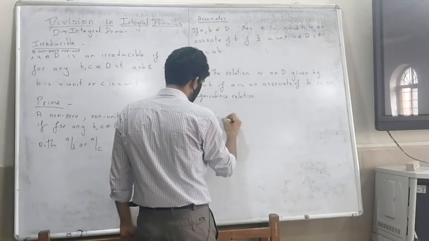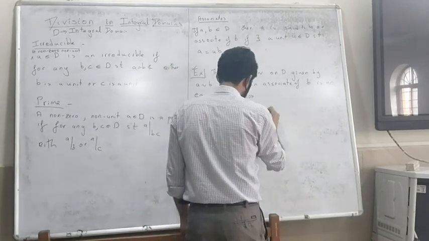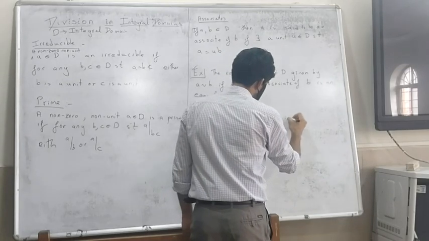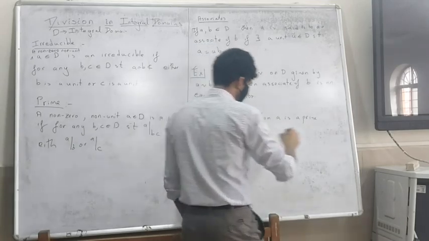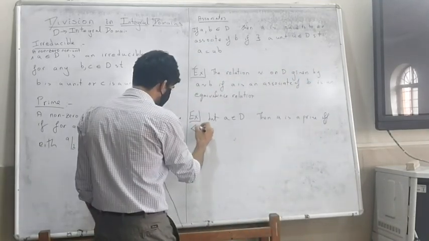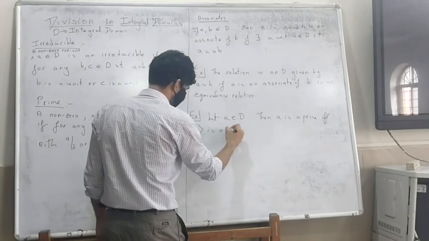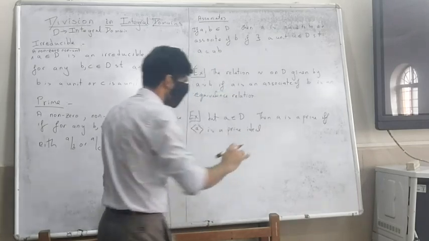So you take any A in D, where D is an integral domain, then A is a prime if and only if the ideal generated by A is a prime ideal. Okay, and this is very easy to see.